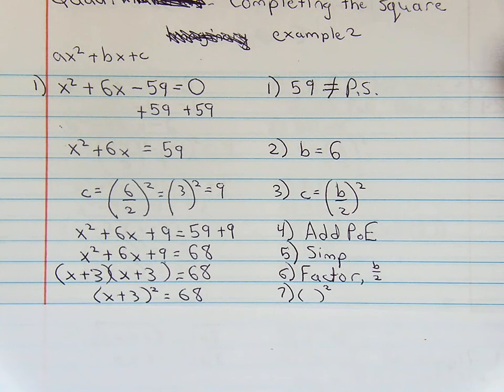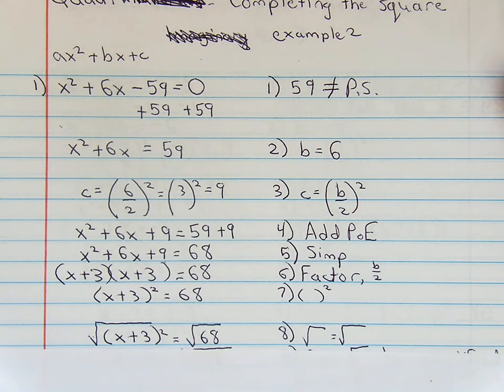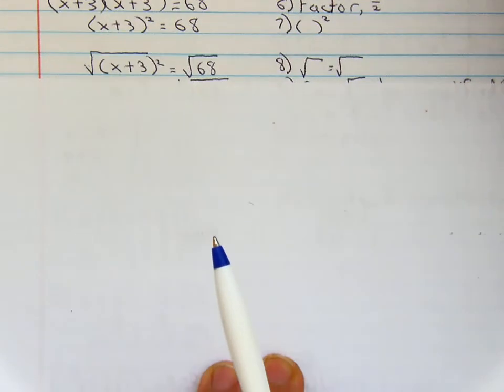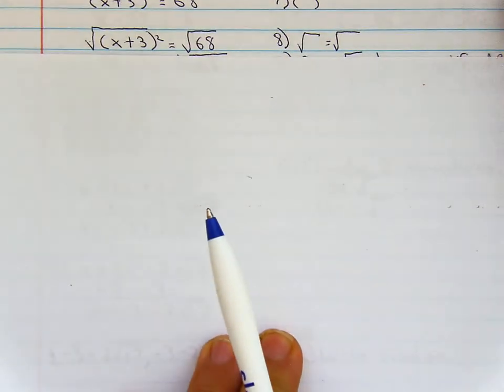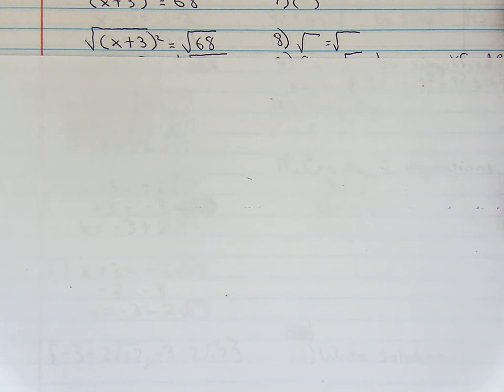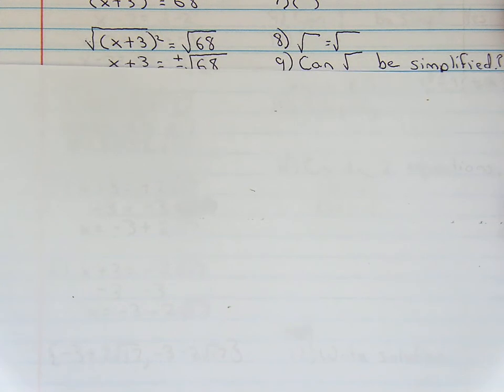So I then rewrite it as a perfect square, which means to solve, I need to square root both sides. So let's move our paper up. So now I'm going to start solving for x.